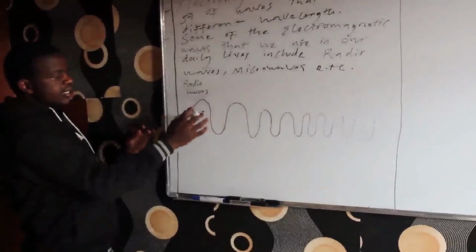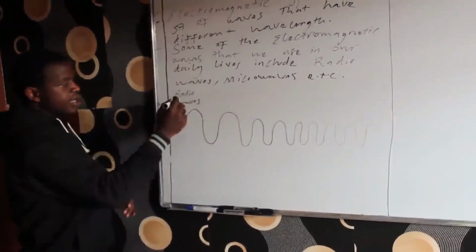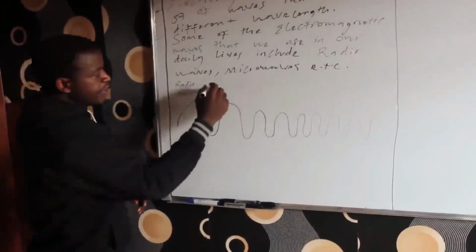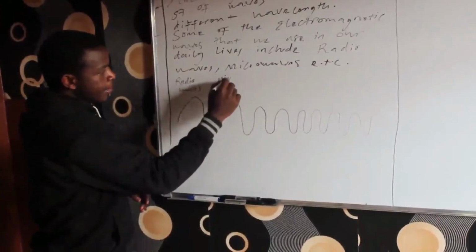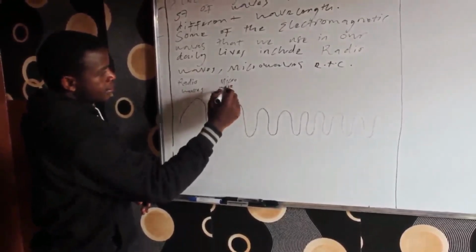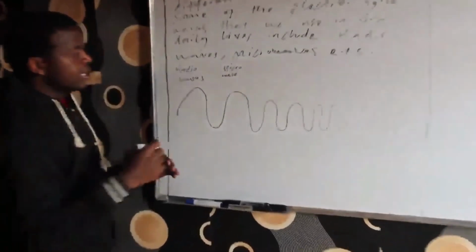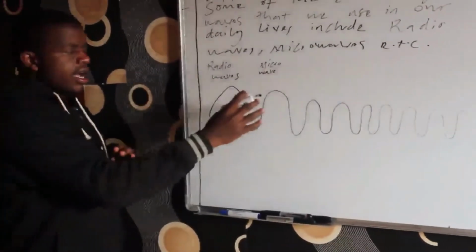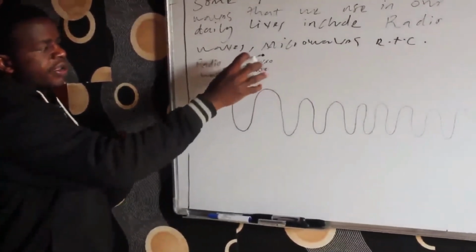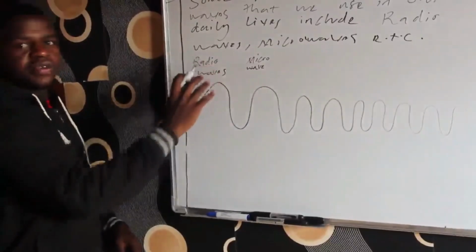As you can see, their wavelength is large. Then coming after the radio waves, we have the microwaves. The wavelength of the microwaves is also large, but it's not larger than that of the radio waves.